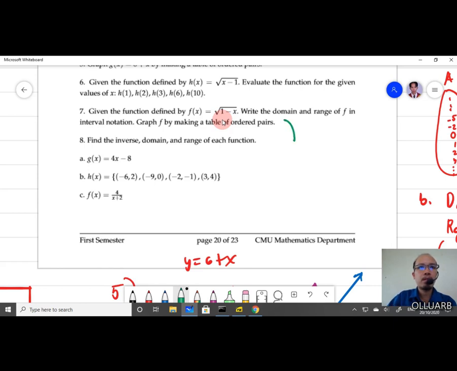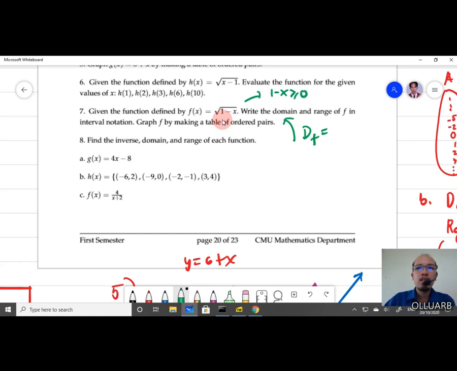the number 7, the domain of the function is, as I've said before, the square root function is defined for all non-negative numbers. So meaning to say that 1 minus x must be greater than or equal to 0.